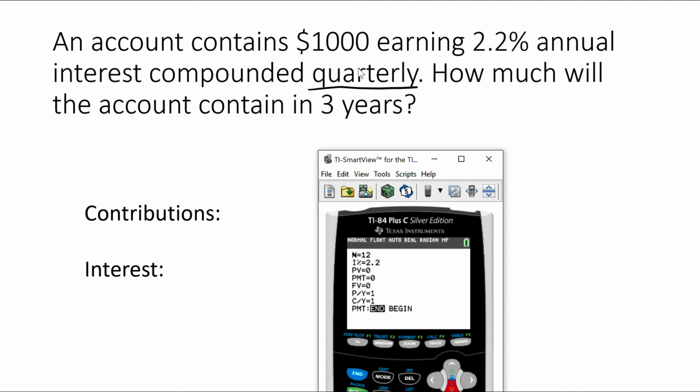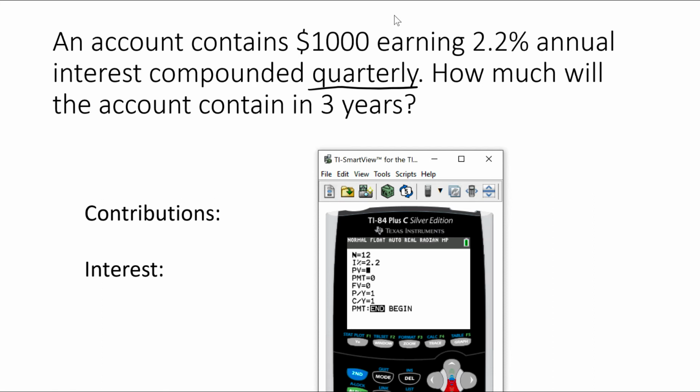All right, and then PV, that is the present value, that is the starting amount. So this problem says an account contains $1,000, so that is the starting amount. Now, in the TVM solver, money is directional, meaning it's either a cash inflow, meaning it's money coming to you, or it's a cash outflow, meaning it is money moving away from you. Now, when money is coming in, that's positive. When money is going out, that's negative.